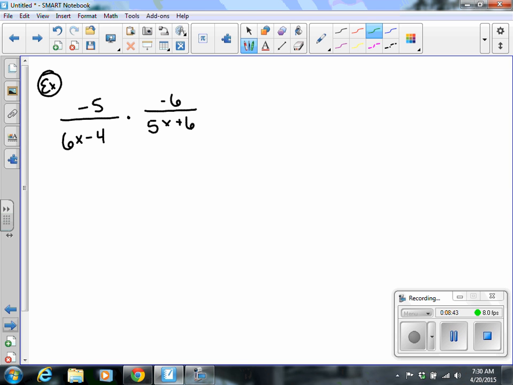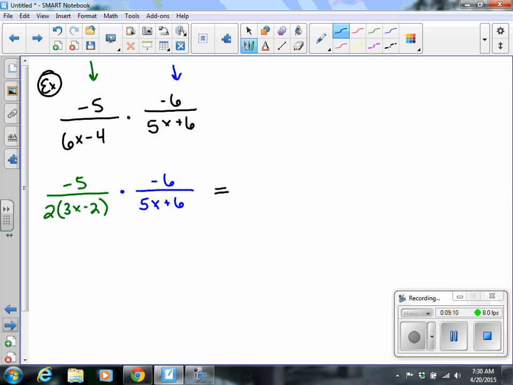So again, the first thing I'm going to do is actually going to factor out the left side. So I have negative 5 over 2 times 3x minus 2. I'm going to factor my right side now. So I have negative 6 over 5x plus 6. I can't reduce that one, which is fine.